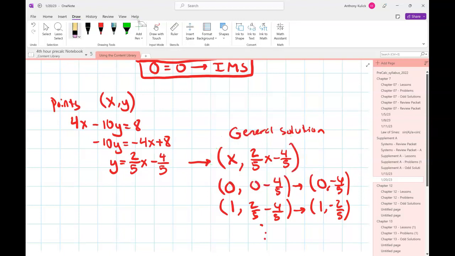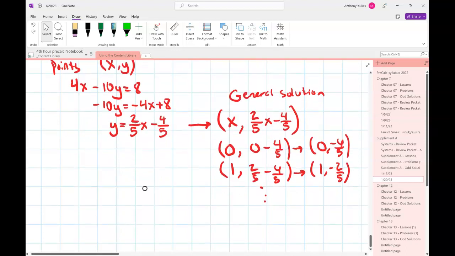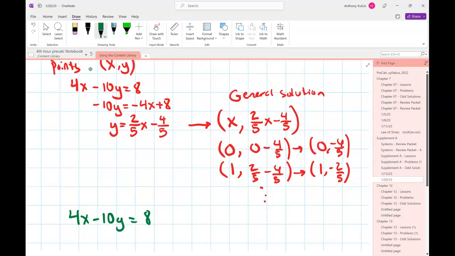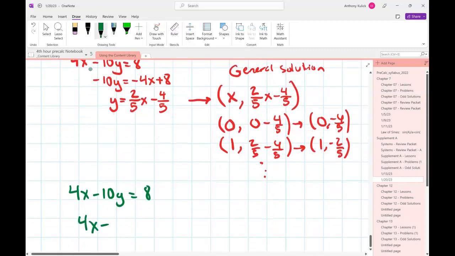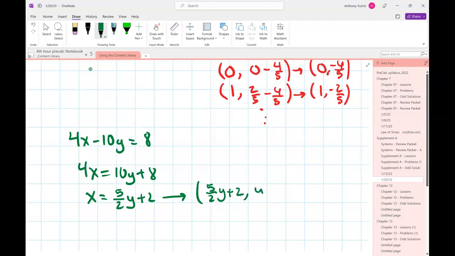No, right? If I go back to that equation A, and this time, instead of getting the y by itself, I got x by itself. I could add the 10y over, and then divide by 4. So instead of writing x comma y, I can write my expression for x in terms of y, comma y.